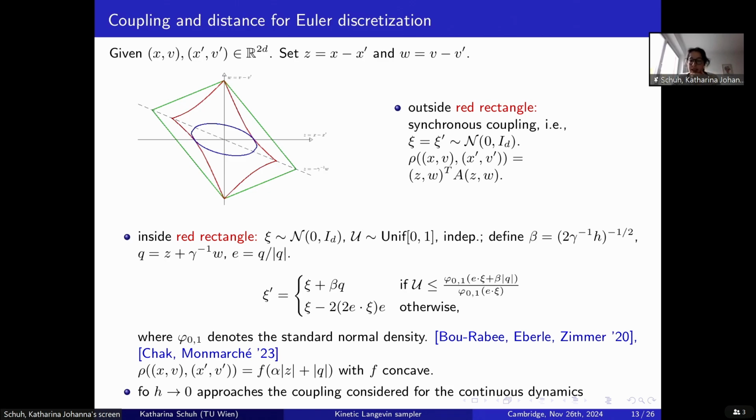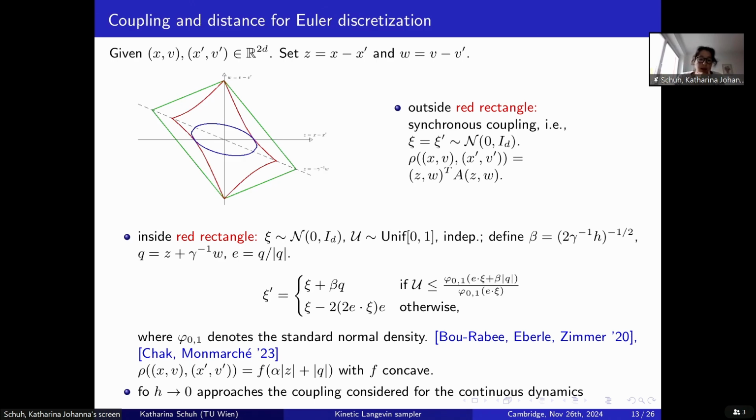And this coupling idea was already used by Bou-Rabee, Eberle, and Zimmer in their work on Hamiltonian Monte Carlo. There they had, instead of this H, the whole runtime of one HMC step. And then it was also used in the work by Martin Chak and Pierre Monmarché on the OBABO scheme.